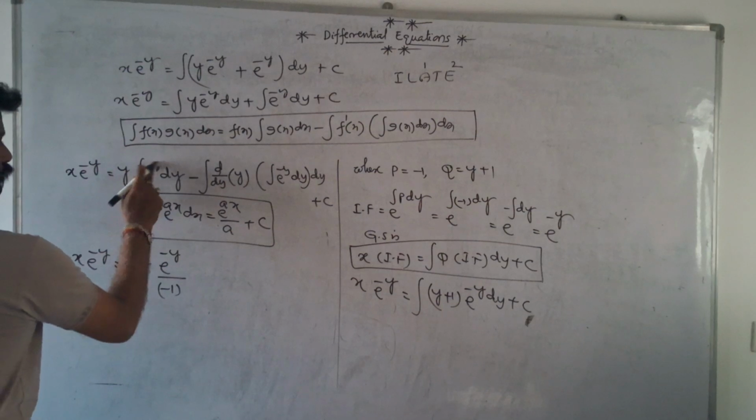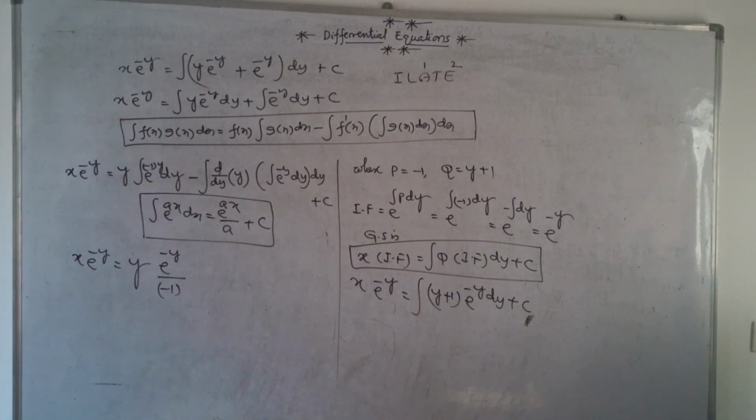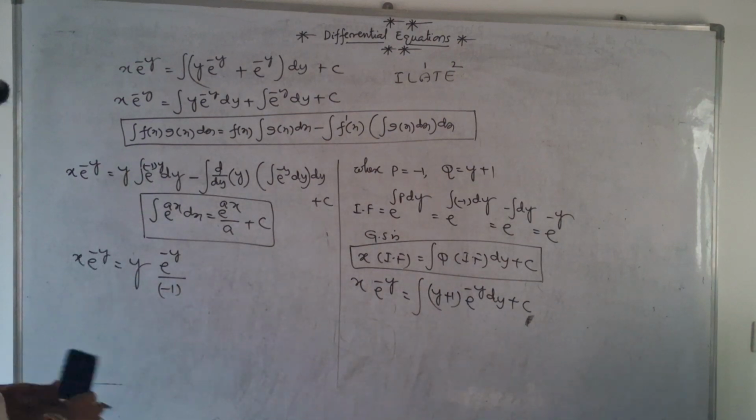Of course, this value is -1 times y. Here a is how much? -1.